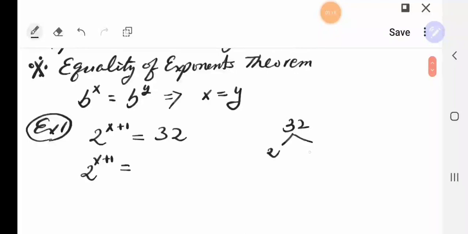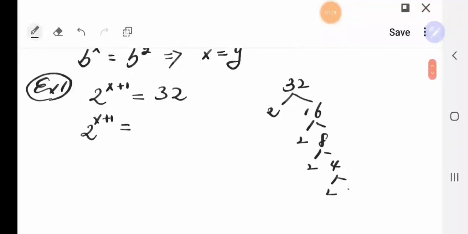So 2 times 16, 16 is 2 times 8, 8 is 2 times 4, and 4 is 2 times 2. So actually the number 32 is 2 to the 5th power. So 32 can be written as 2 to the 5th power.